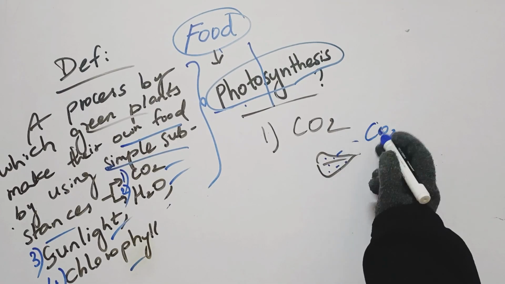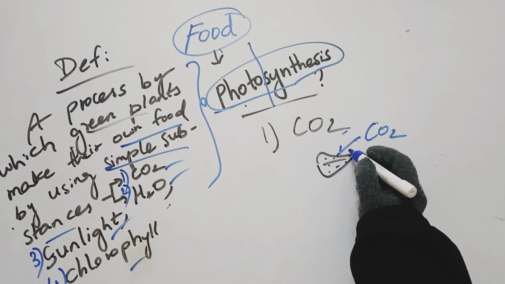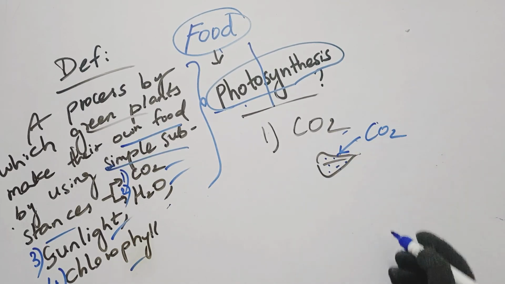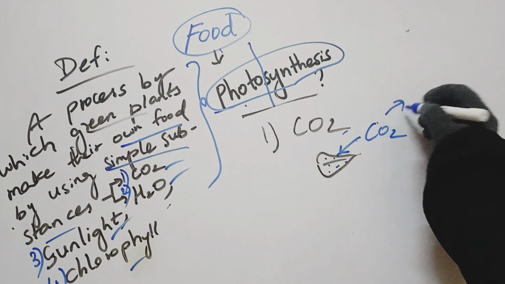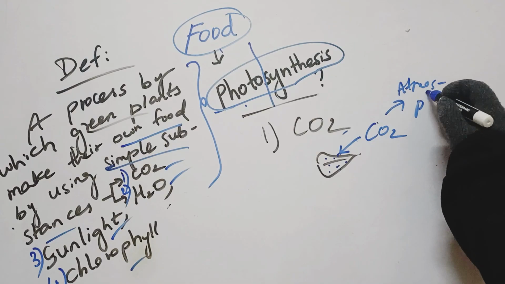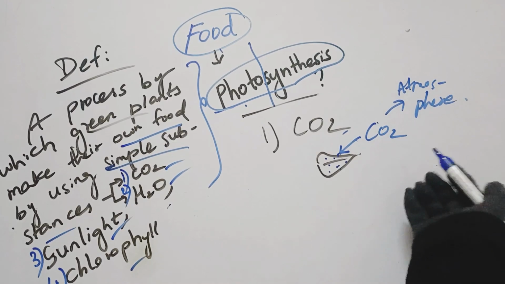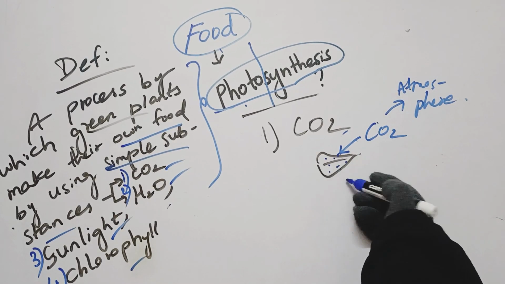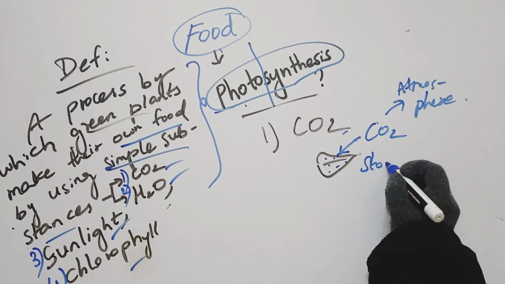These stomata present in the leaf absorb the CO2 from the atmosphere, from the outside environment. So CO2 from the atmosphere is absorbed by the stomata present in the leaf.